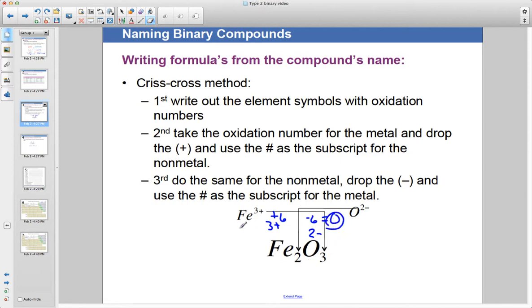So what you can do here is, if you know this, you would take the O with the 2 minus and stick it here. We crisscross it, and this 3 here would go down below. So they just switch charges, so to speak. You could do it this way, just crisscross them, or you could do the harder way that I just showed you: find a common denominator and make sure everything balances out to 0.